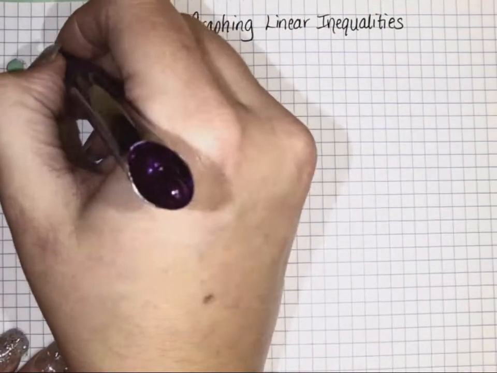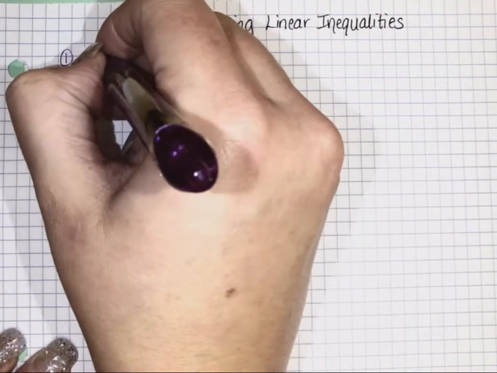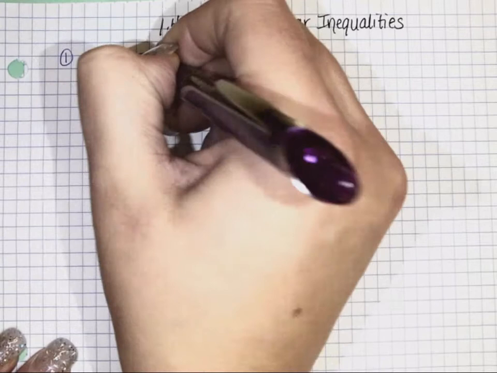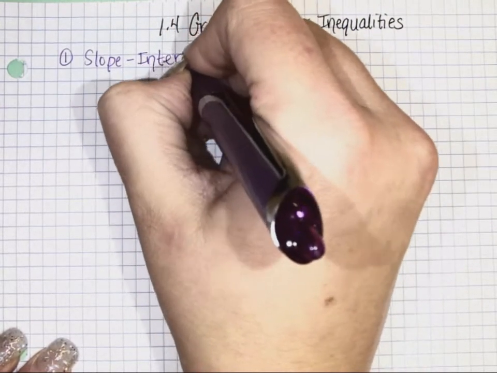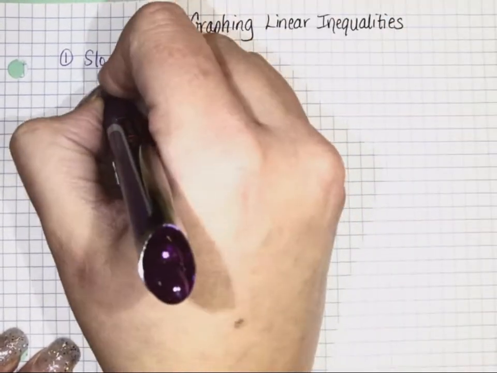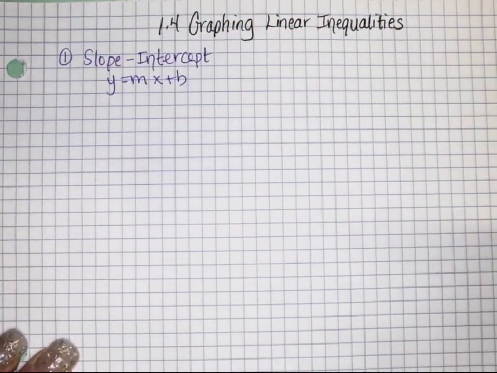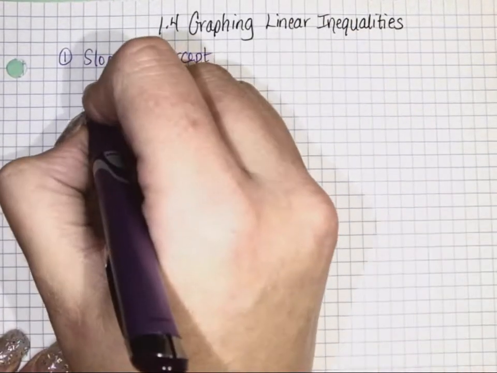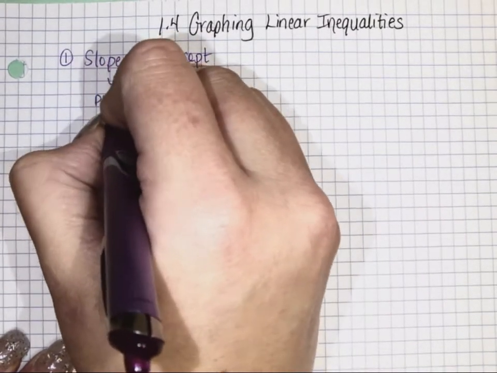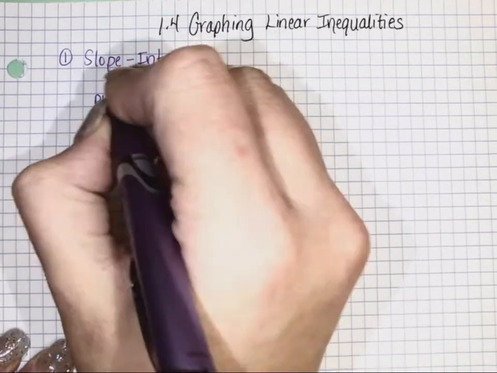So recall graphing in slope-intercept form, y equals mx plus b. You plot your y-intercept, then you use your slope.